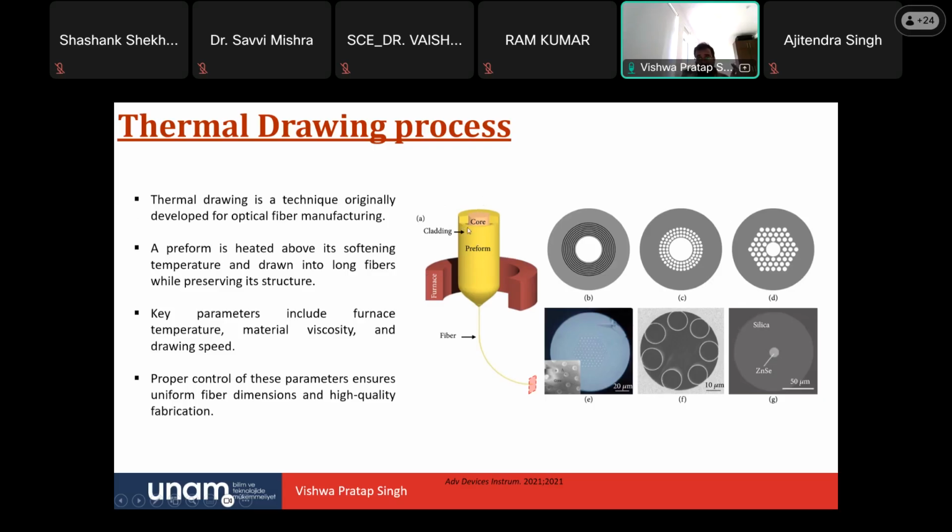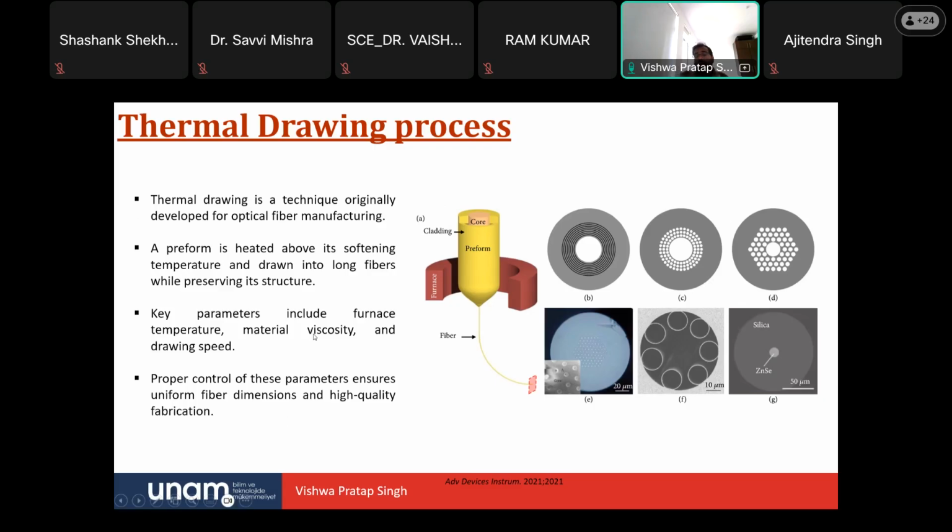So you heat this preform here, and once you are heating, there is a chance of melting down. Let's say you have the same polymer, you can easily calculate the melting temperature, and you can easily get the necking. And after getting necking, you can push it with the help of gravity. You can pull it, and in this way, you will get the continuous fiber.